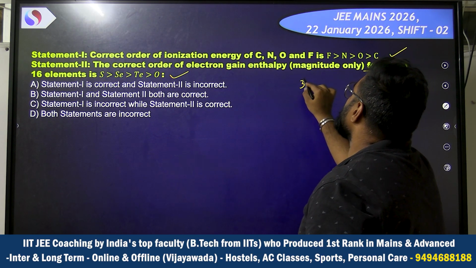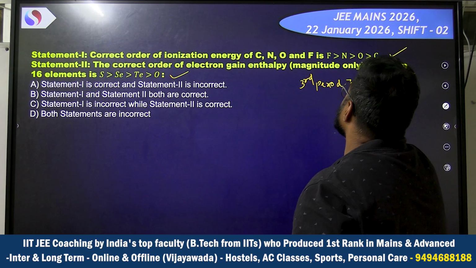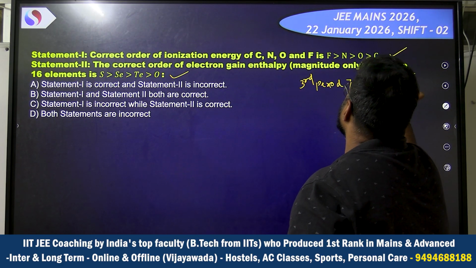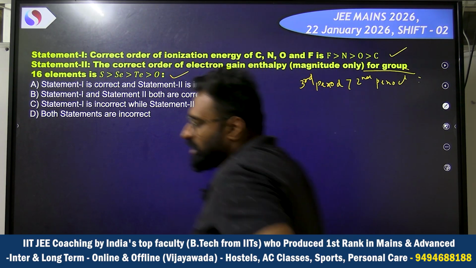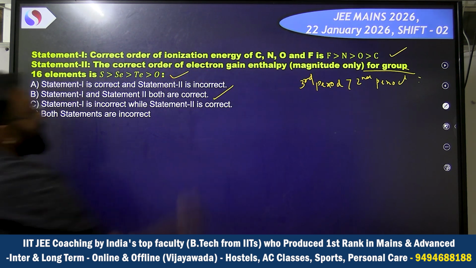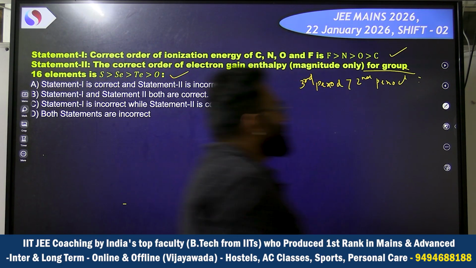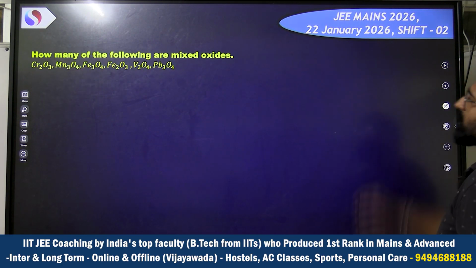Because third period electron gain affinity is greater than second period due to vacant d orbital. So statement 1 and statement 2 both are correct. So second option, both are correct. Let us see next question.